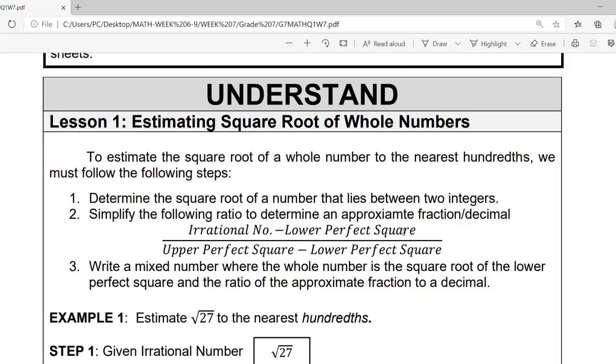Those are perfect square numbers, which have two factors that are the same. Number 3, write a mixed number where the whole number is the square root of the lower perfect square and the ratio of the approximate fraction to a decimal.